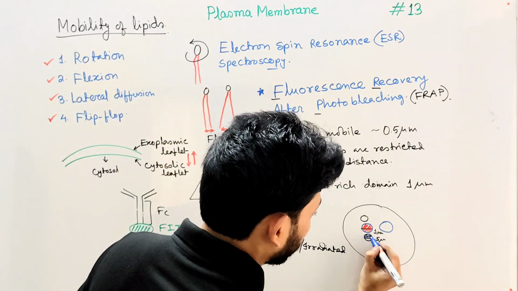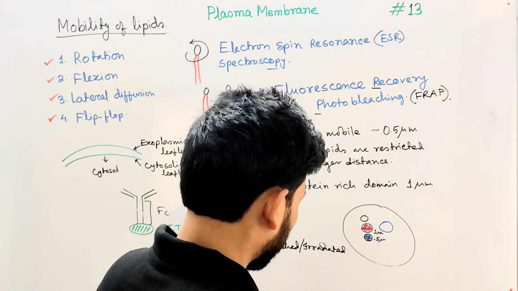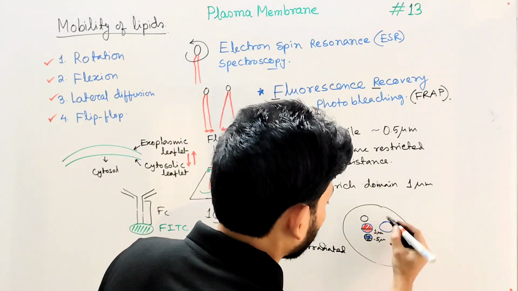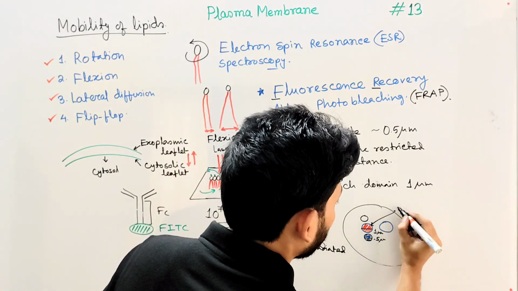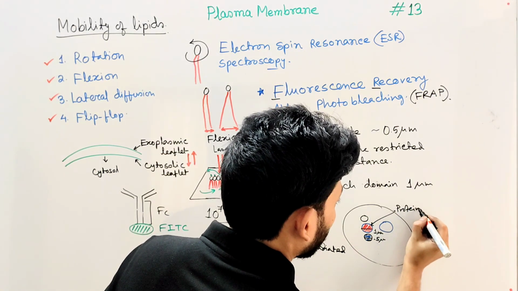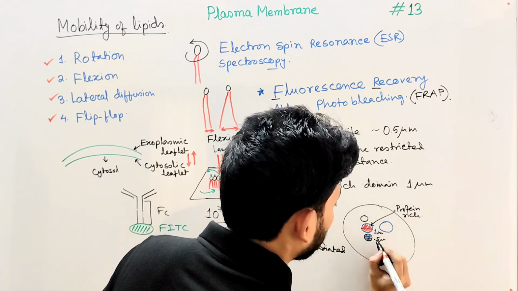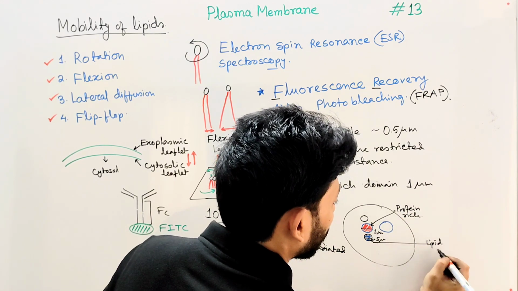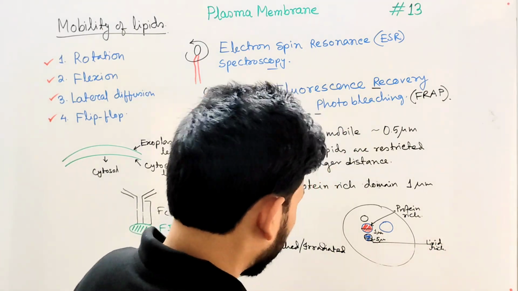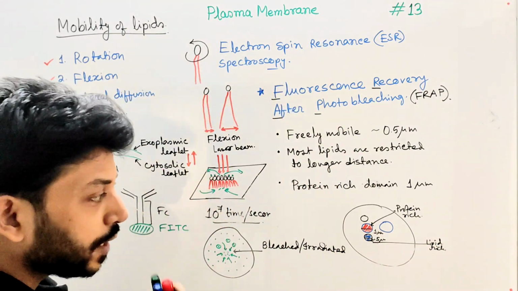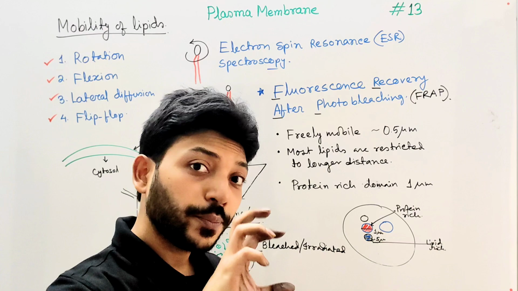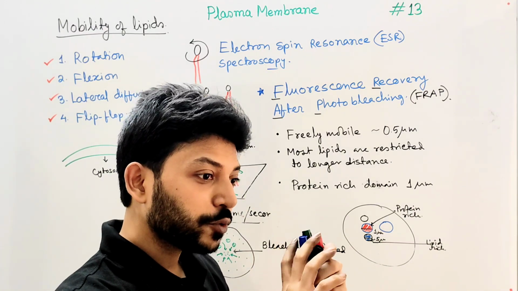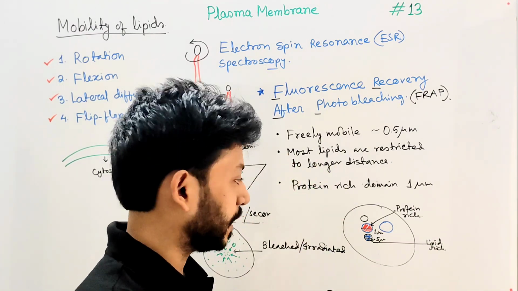And they have found that lipid molecules in the lipid rich region, so let's demarcate, this is the protein rich domain and this is the lipid rich domain. They observed that lipids present in the lipid rich domain can diffuse within that particular area.